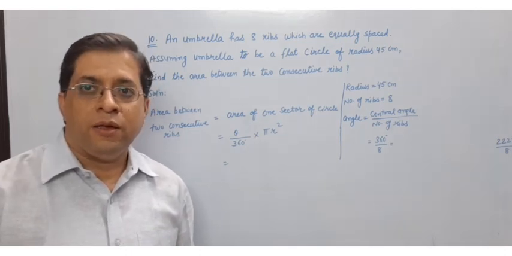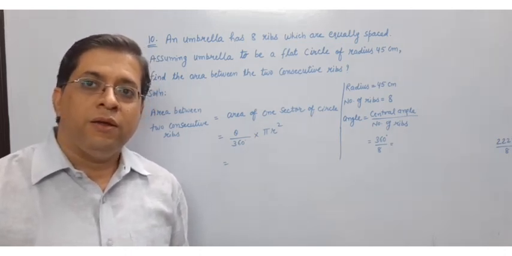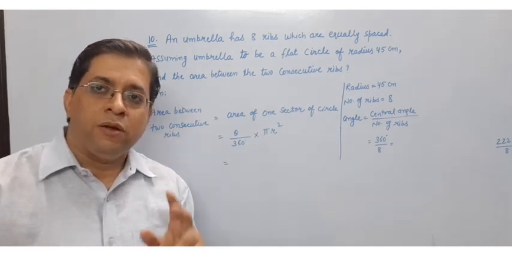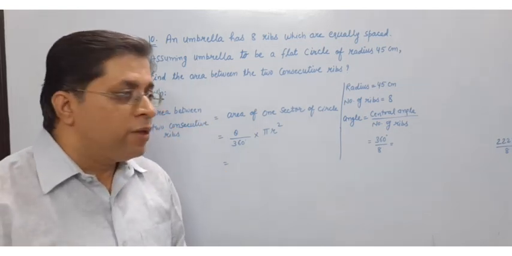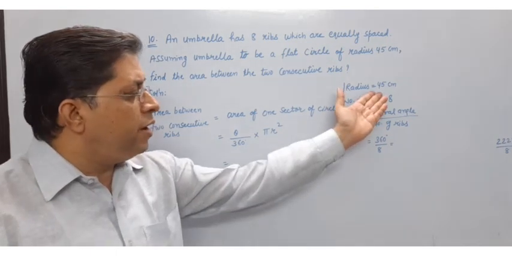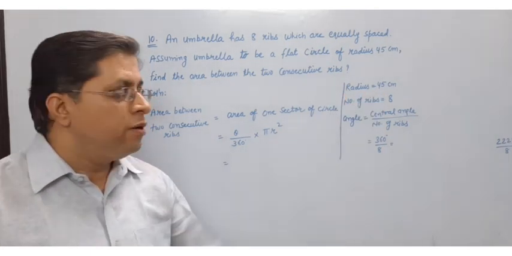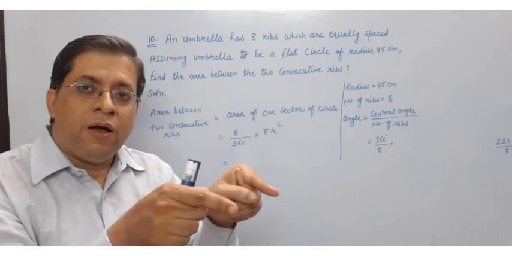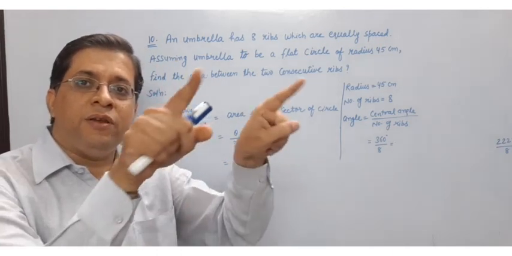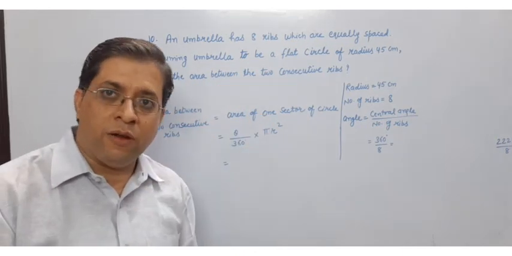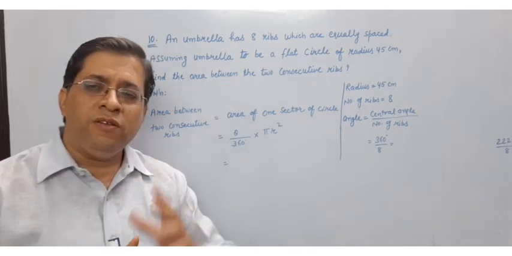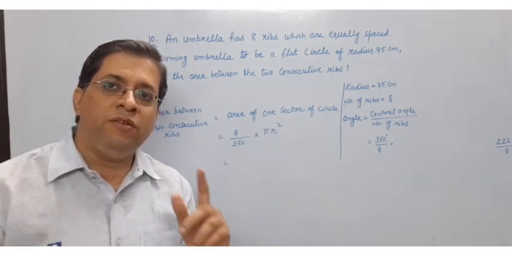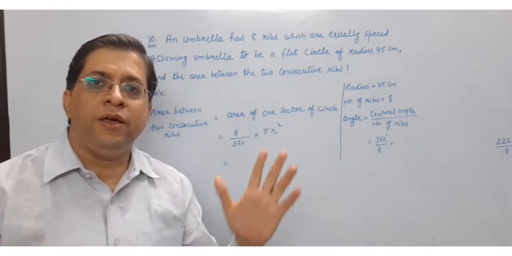What is the meaning? First of all you have to find the angle between consecutive ribs. Total radius is given, 45 centimeter. The number of ribs is 8, and for the umbrella, just imagine it is a flat circle. Then what is the central angle of a circle? That we all know, the center of the circle is 360 degree.